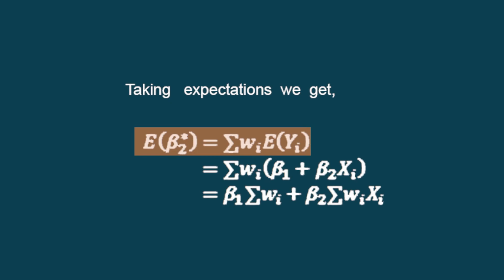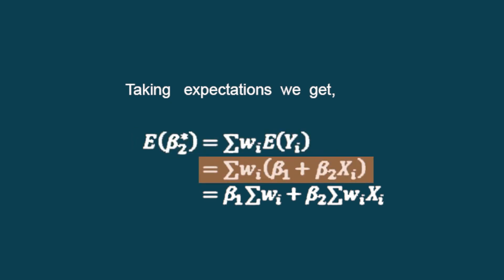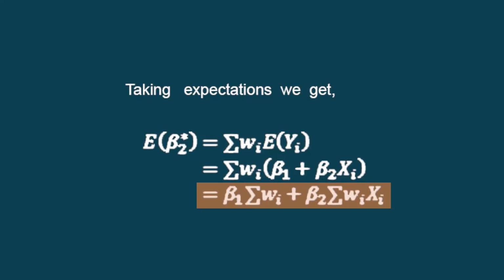Now we can see summation of wi, and in place of yi we substitute the two variable regression model, which comes out as beta 1 plus beta 2 xi, because this is the original model as stated in the equation. After this, by removing the bracket and multiplying, we get beta 1 summation wi plus beta 2 summation of wi xi.